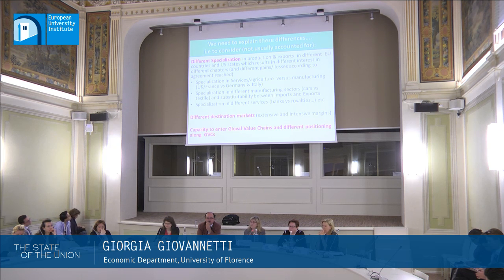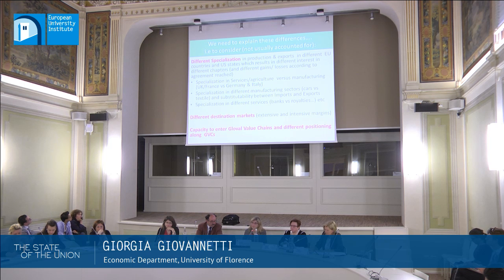Mainly because if you are specialized in different goods or services, these will result in different interest in different chapters and will result in different gains and losses according to the agreement that you reach. Of course, you can have a specialization in services like the US, or agriculture like France, or manufacturing like Italy or Germany, and this will affect your negotiation interest and the results on your economy.